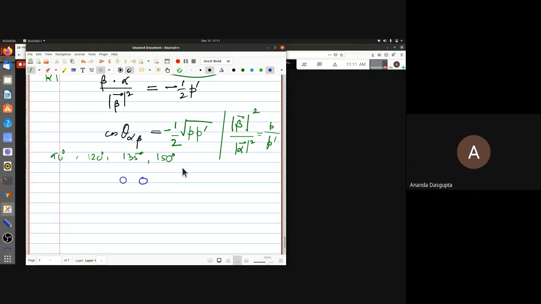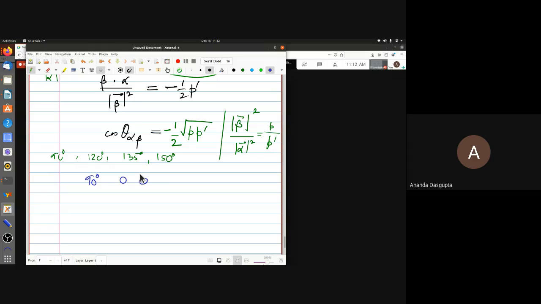90, 120, 135, 150. So if the angle is 90 degrees between two simple roots, you just draw them as two circles. Of course, remember, a more complicated Lie algebra may have more than two simple roots. Fine, but each simple root gets an open circle.